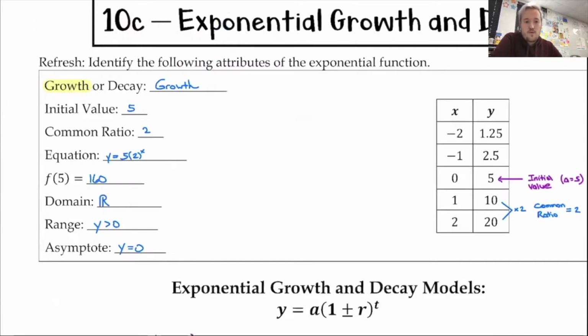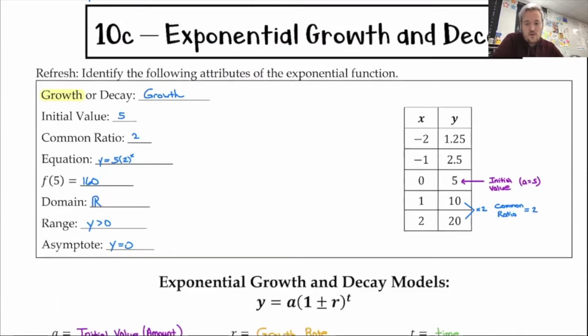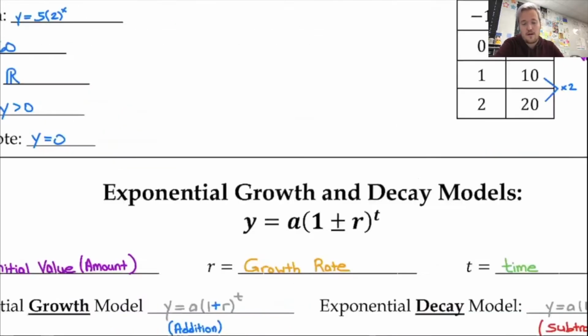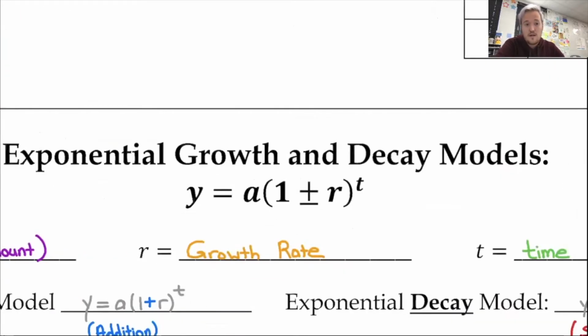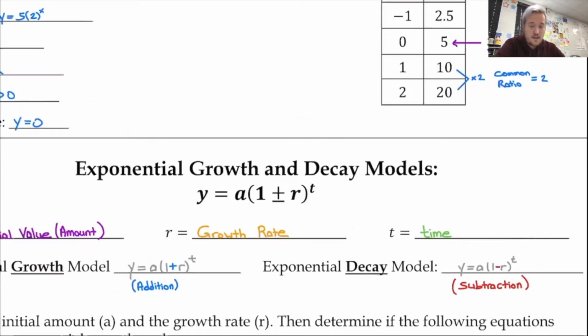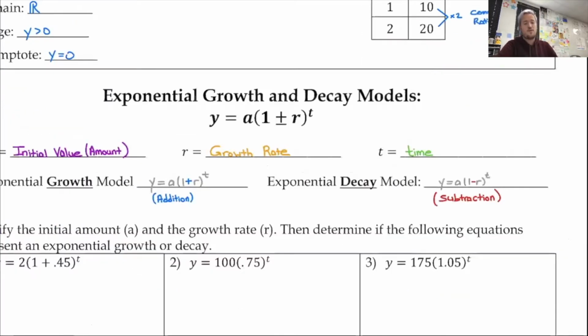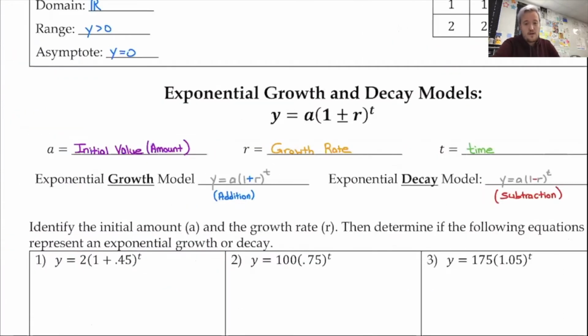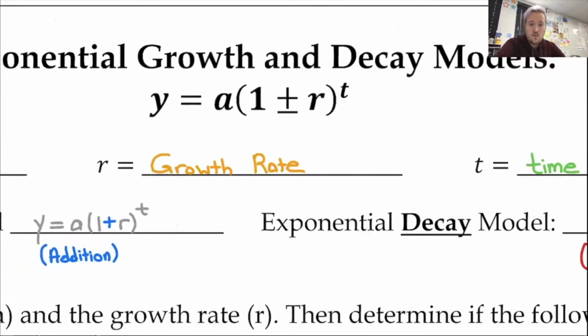All right, so we're going to use the exponential function equation, y equals a parentheses b raised to the x, and we're going to elaborate on the b value more. This is really the applications of what we did in 10b. We are now looking at the equation y equals a parentheses 1 plus or minus r all raised to the t.